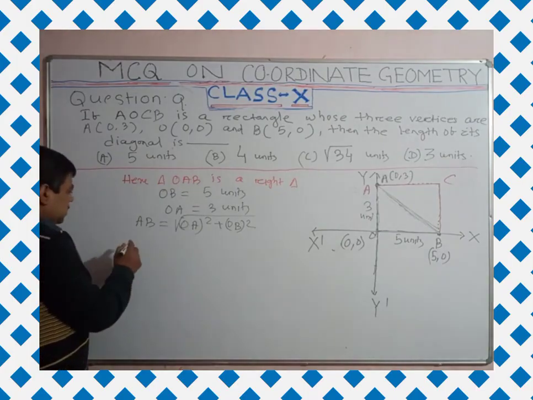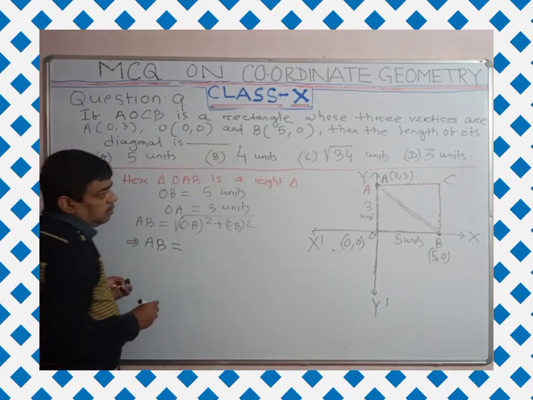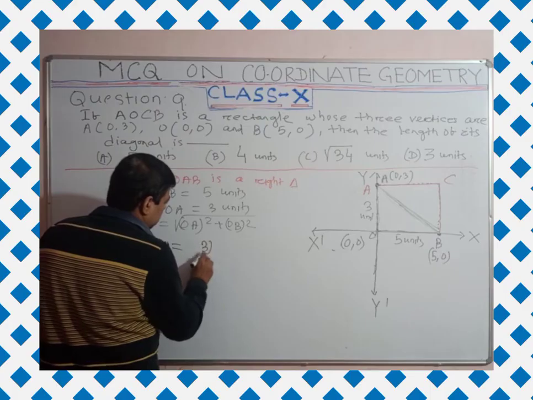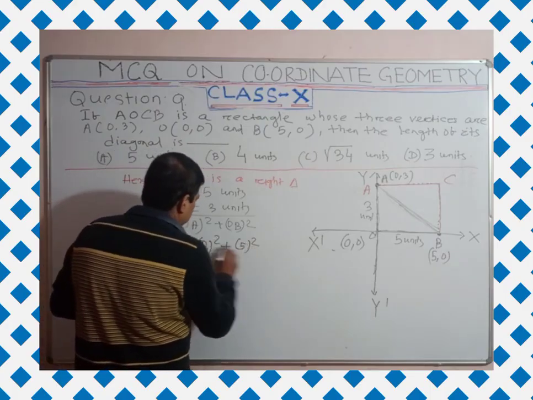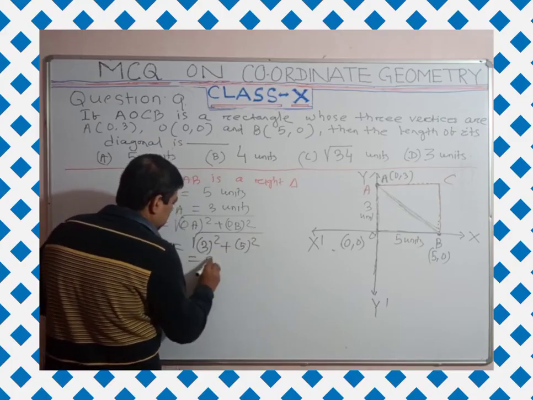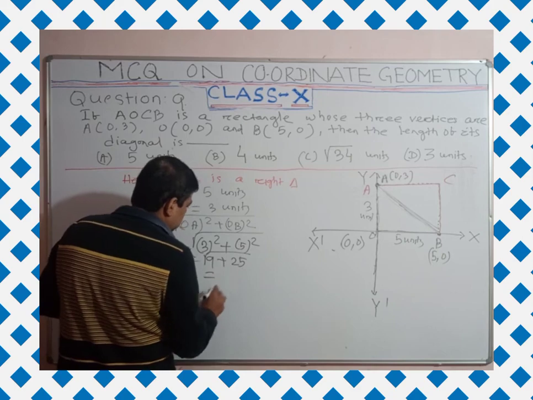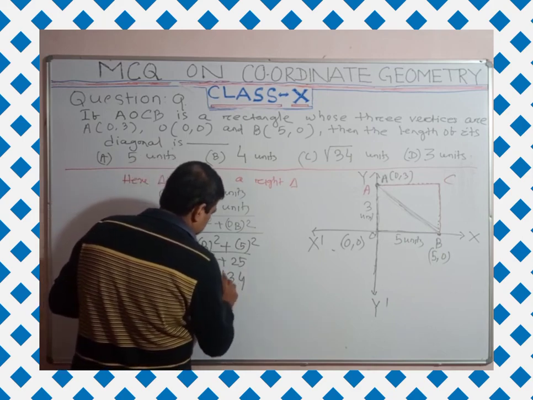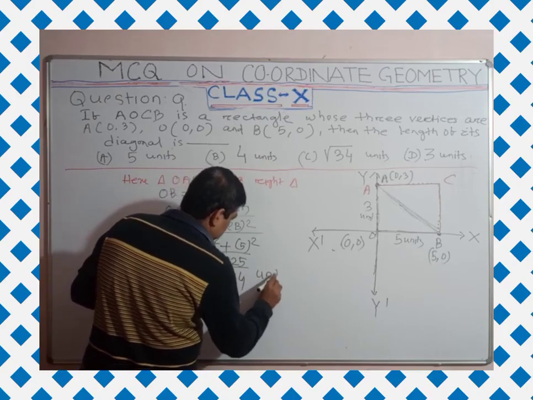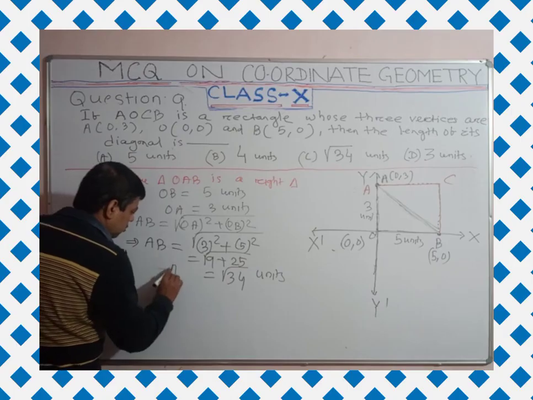That implies AB = square root of 3 square plus 5 square, which is the square root of 9 plus 25. 25 plus 9 is 34, so root 34 units.